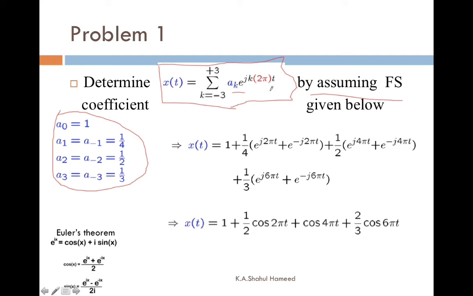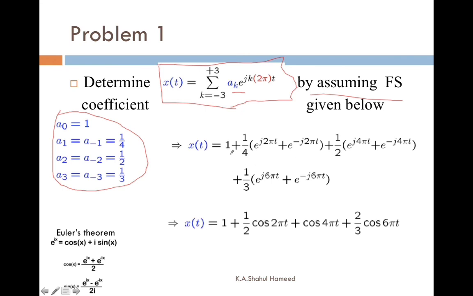Now when you are trying to find out x of t, you have to substitute the coefficient values, combine the harmonically related exponentials, and convert the exponentials into cos and sine waveforms.